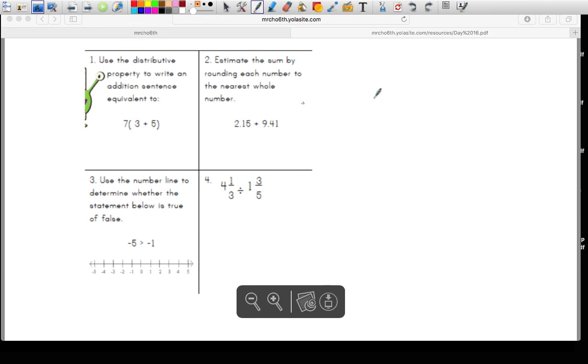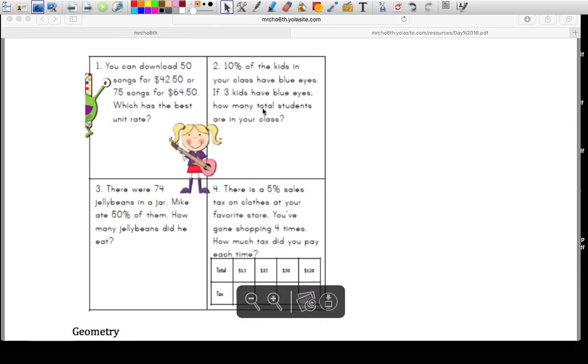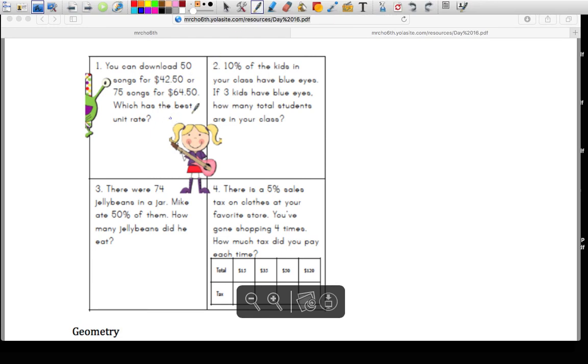Clear annotations, and let's scroll down a little bit more. Ratios and proportions. You downloaded 50 songs for $42.50 or 75 songs for $64.50. Which was the best unit rate?